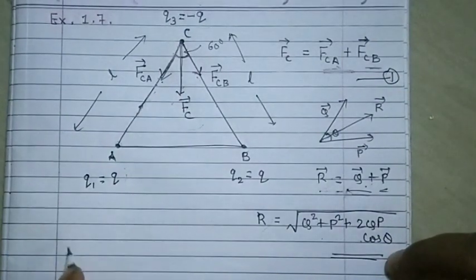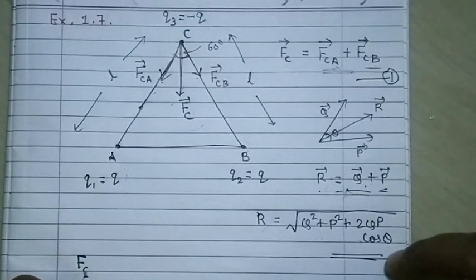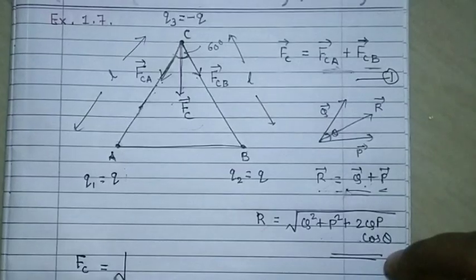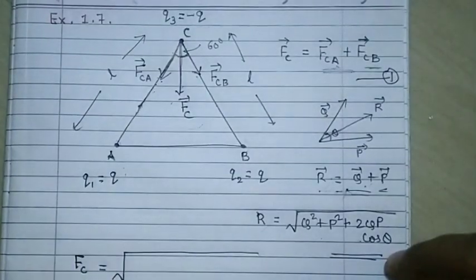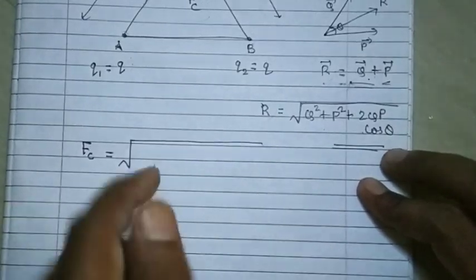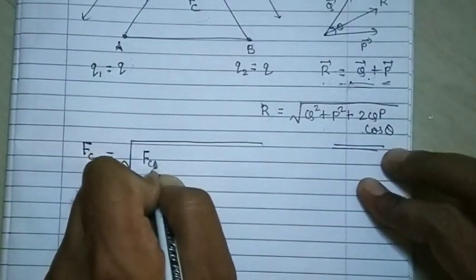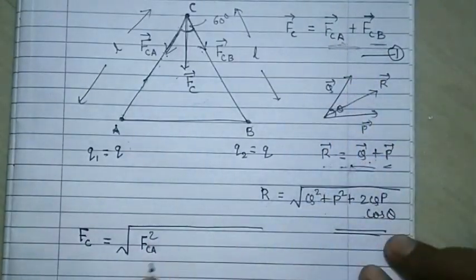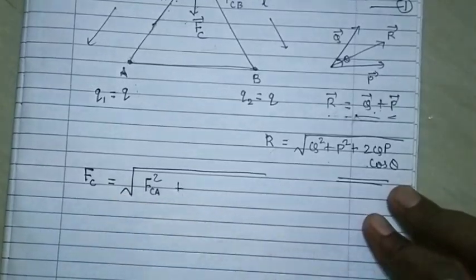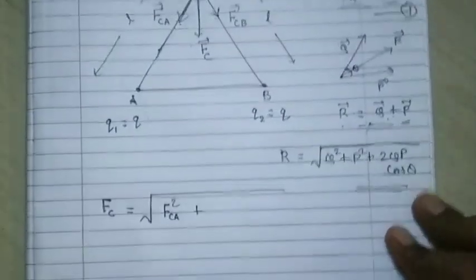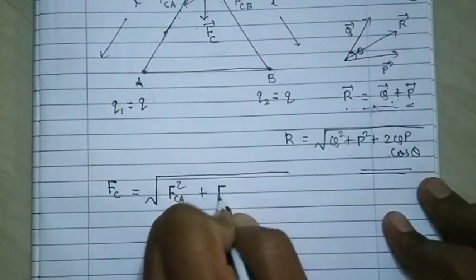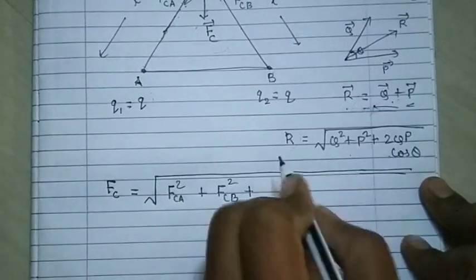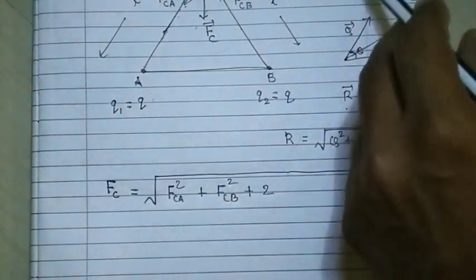Now the resultant force F on C, its magnitude can be given as F equal to square root of the force on C by A squared, that is the square of this, plus the force on C by B squared, plus 2 into this into this.